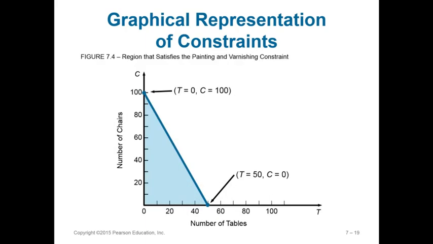This is the painting and varnishing, that if you have only tables produced, you could do 50 tables or 100 chairs and still meet within that constraint. But remember, it's not the only constraint. You have both of those constraints that are out there.